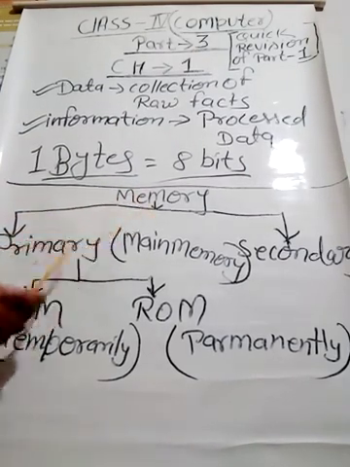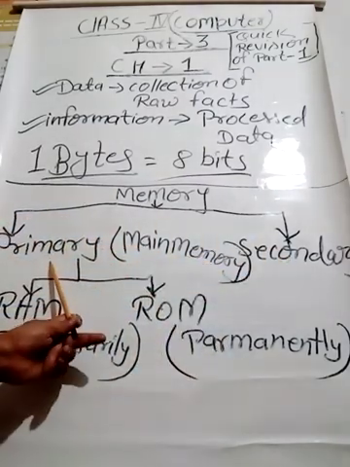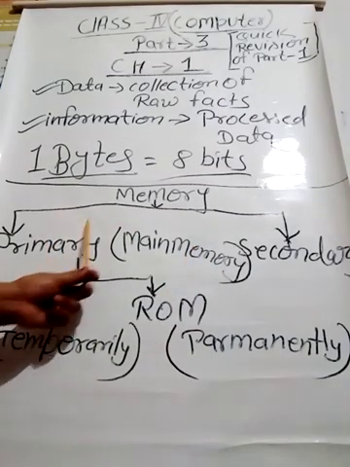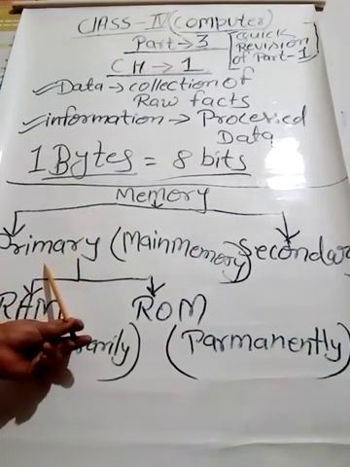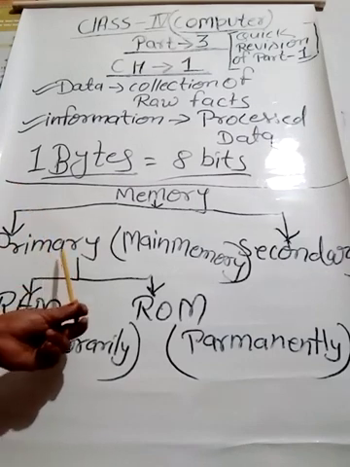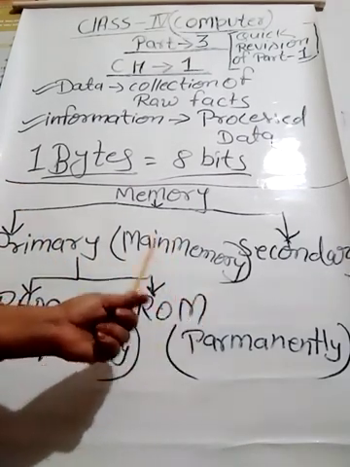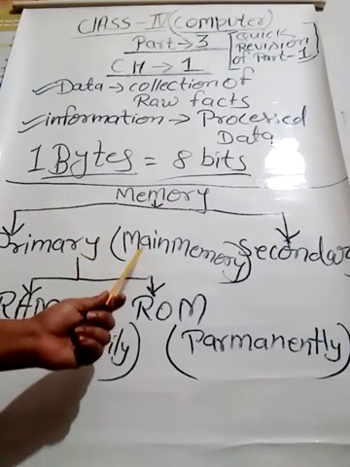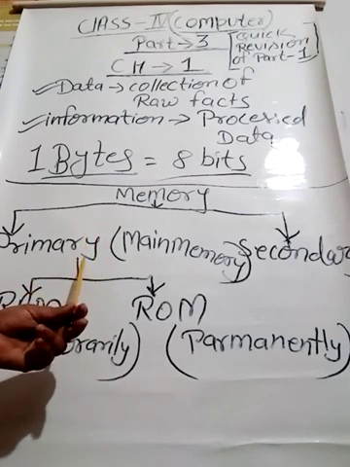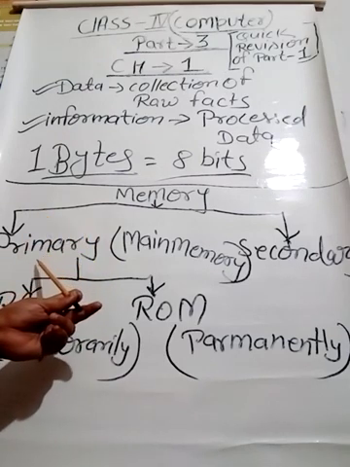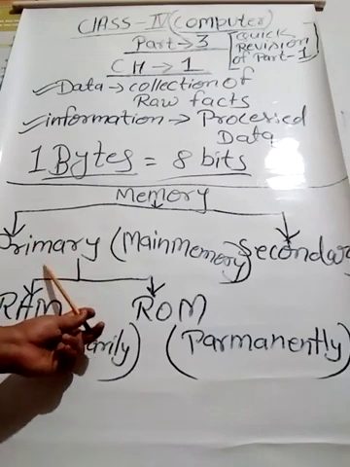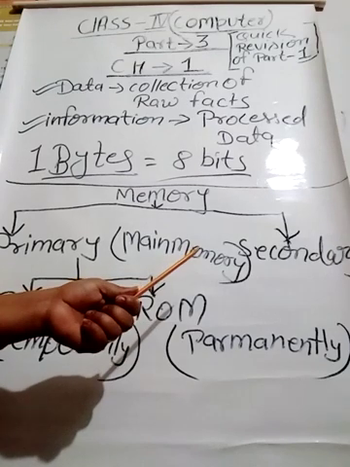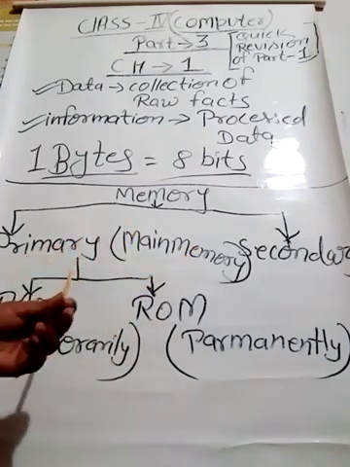Memory is classified in two parts: primary memory and secondary memory. First we will discuss primary memory. Primary memory is also known as main memory, and it is an internal storage area within the CPU which holds the data and instructions.